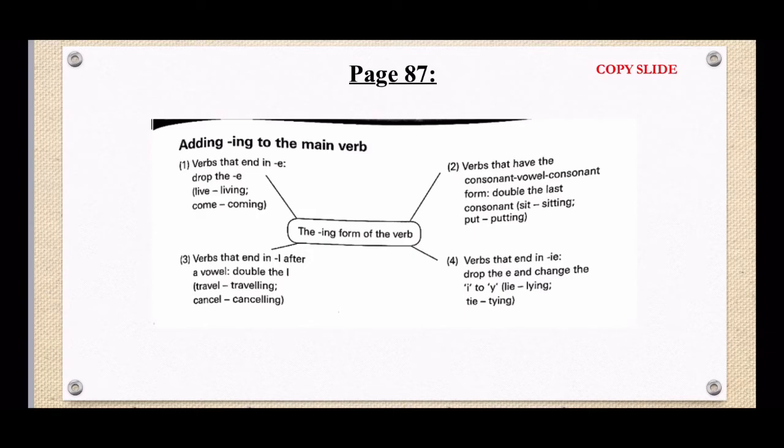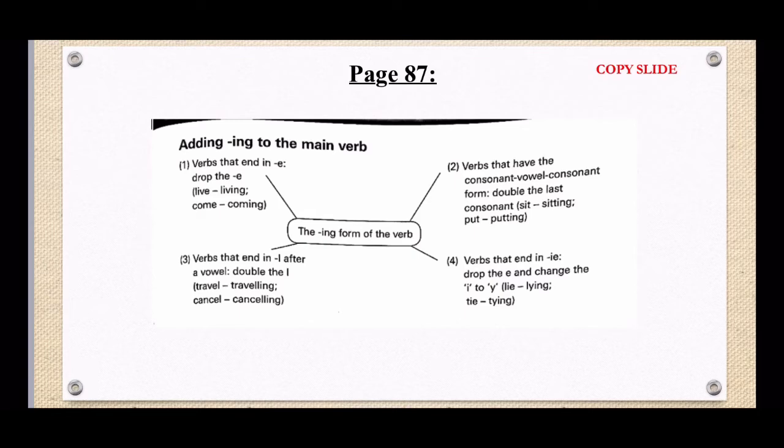Number 3, verbs that end in L. After a vowel, you double the L. Whenever we have a vowel before an L at the end, we add another L. For example, travel becomes traveling.